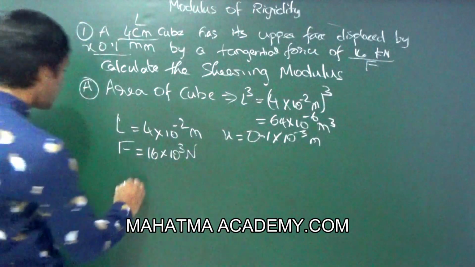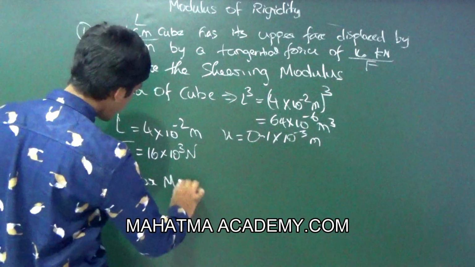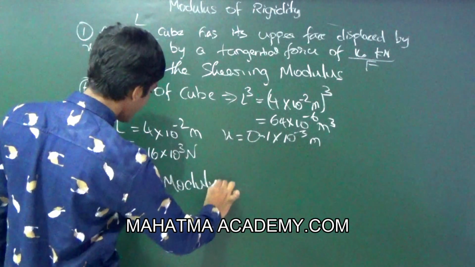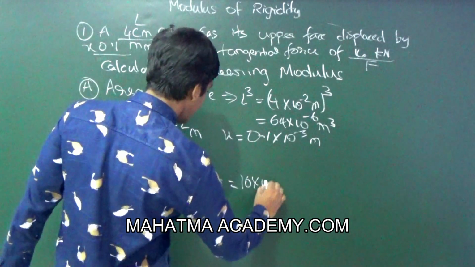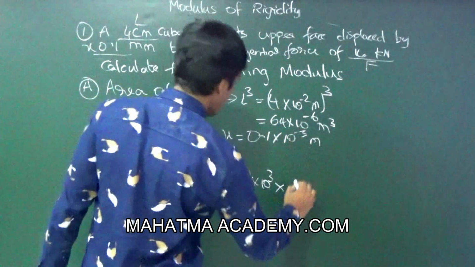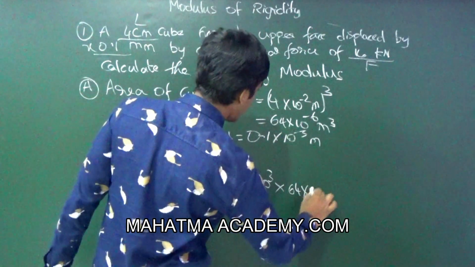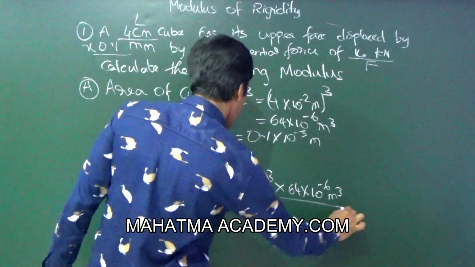Now we want to solve the shear modulus, the direct one. So 16 into 10 cubed into length, upon area.